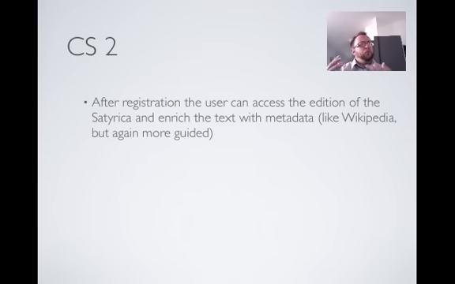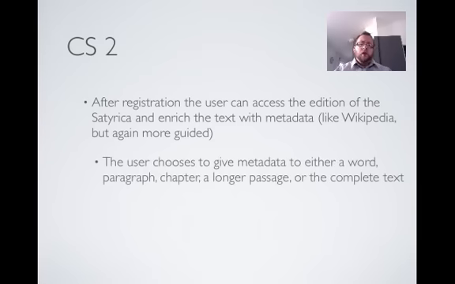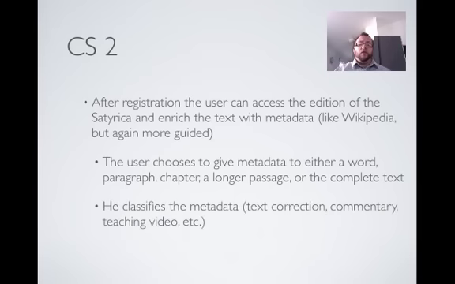So we just want to know a little bit about the background information. And they can access the edition of the Satirica and enrich the text with metadata. Then the user always chooses to give metadata to either a word, a paragraph, a chapter, a longer passage, or the complete text as he chooses. And then he classifies the metadata. He says it's a text correction, it's a commentary, it's a teaching video, it's an article, etc.